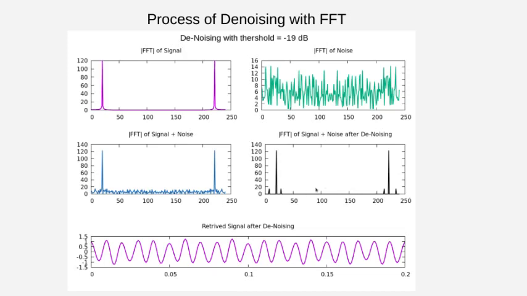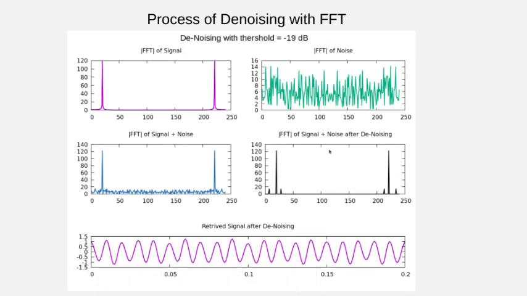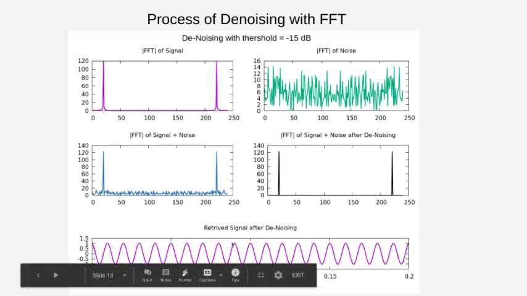And then we do an inverse fast Fourier transform. That is what denoising is. And in the next slide, we kept the threshold at minus 15 dB. As you see, when you keep minus 15 dB, the signal is almost like the original signal. So we are getting the sine wave back. So this is the principle of denoising.